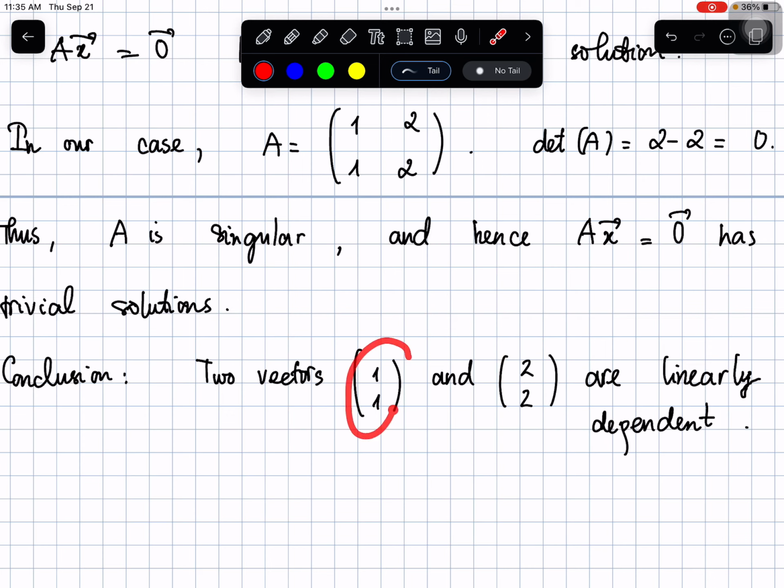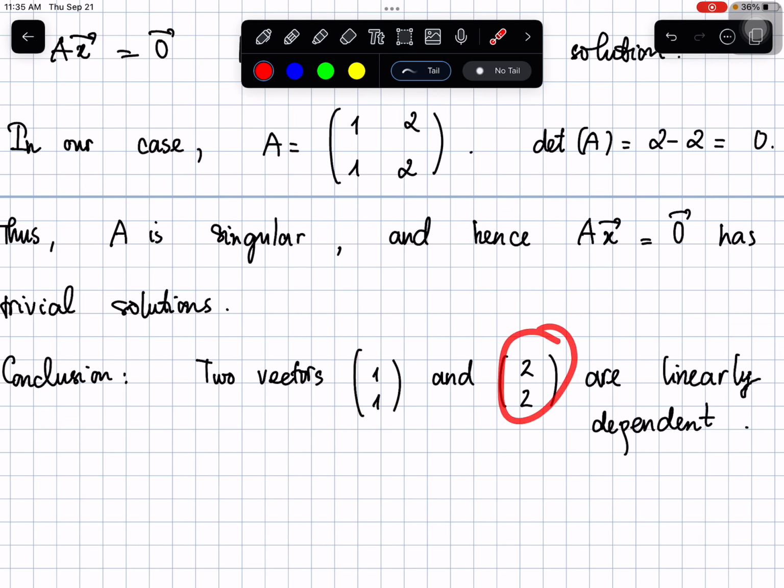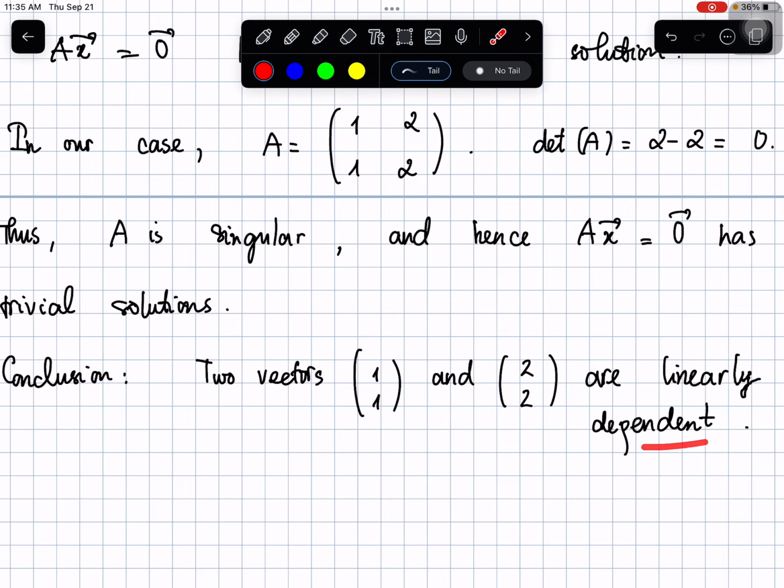So just one vector is enough to span the whole span of the two vectors. It's the same as the span of this one. This one depends on that one because it is just 2 times the first one. Or we can say I can use this vector, because the first vector can be represented as a half of the second vector. So one vector is enough. Therefore, they are linearly dependent.